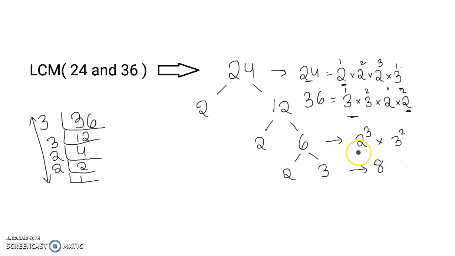Over here, we're doing 2 times 2 times 2. Similarly, 3 to the second power is equal to 3 times 3, which is 9. So we have 8 times 9, which is equal to 72. So our answer is 72.